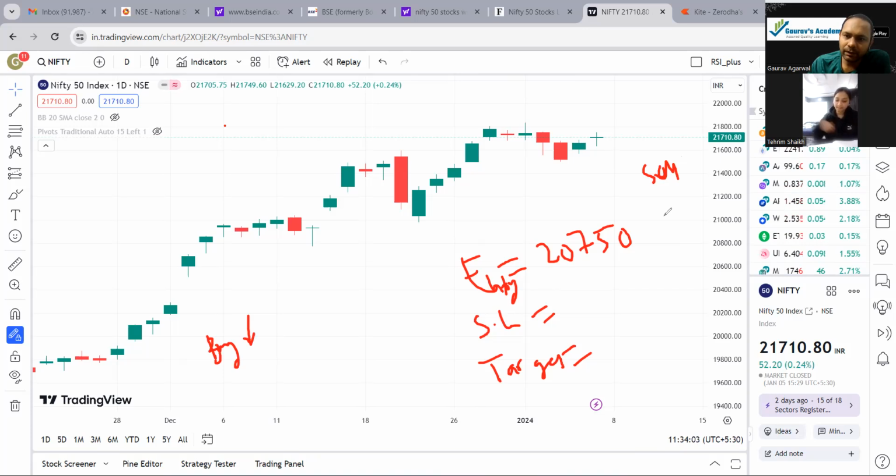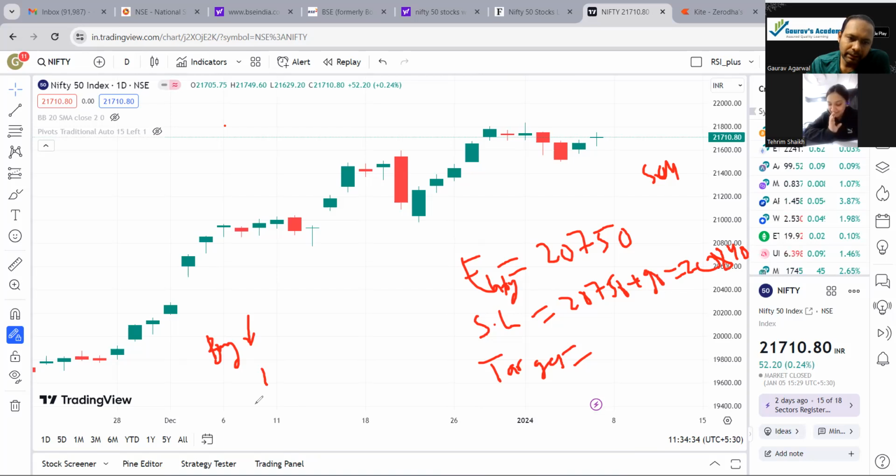So our stop loss will be 20750 plus 90. How much will it come? 20840, right? This is clear.